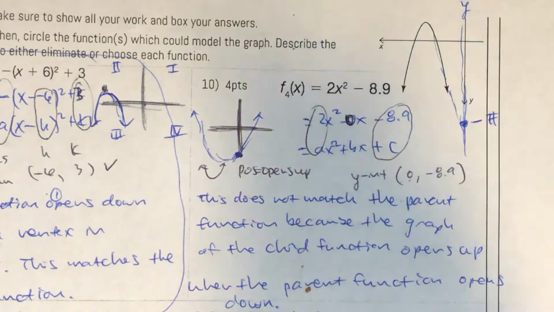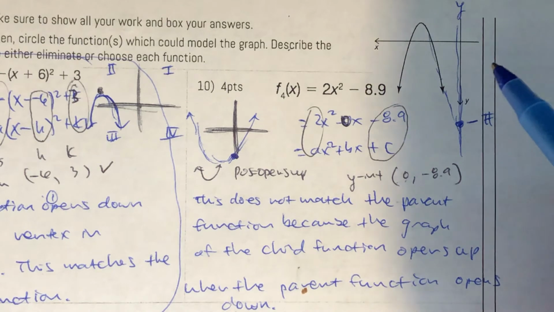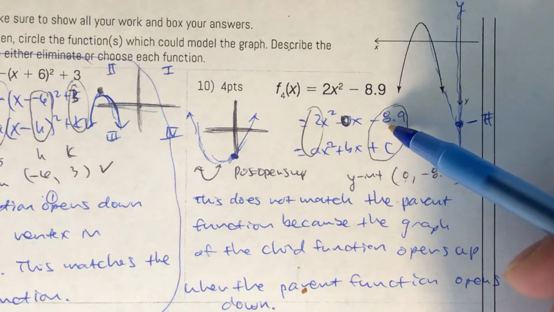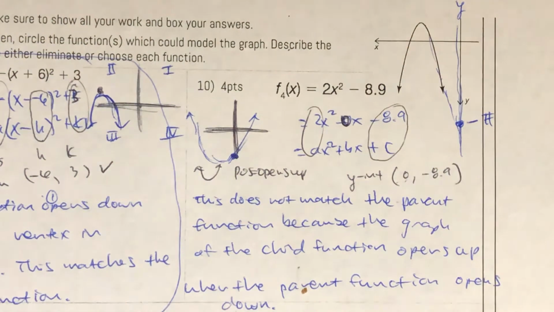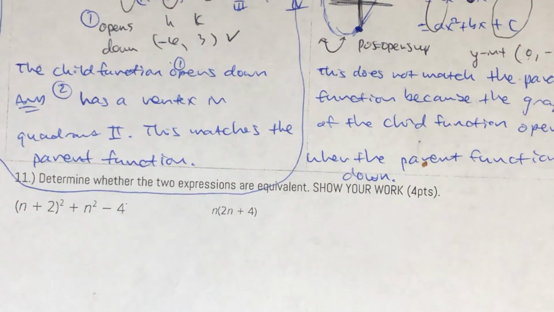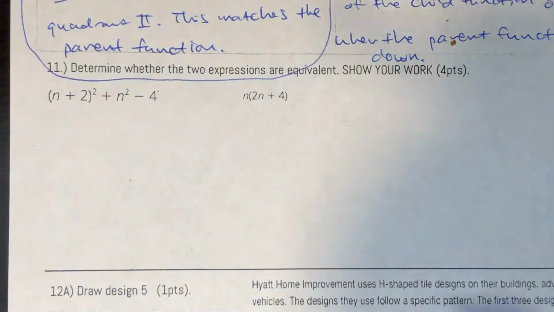Remember, the common mistake is just trying to say this graph is negative and this one's positive, but remember the word negative can be multiple things, such as the y-intercept. All right. Let's go on to the next question.